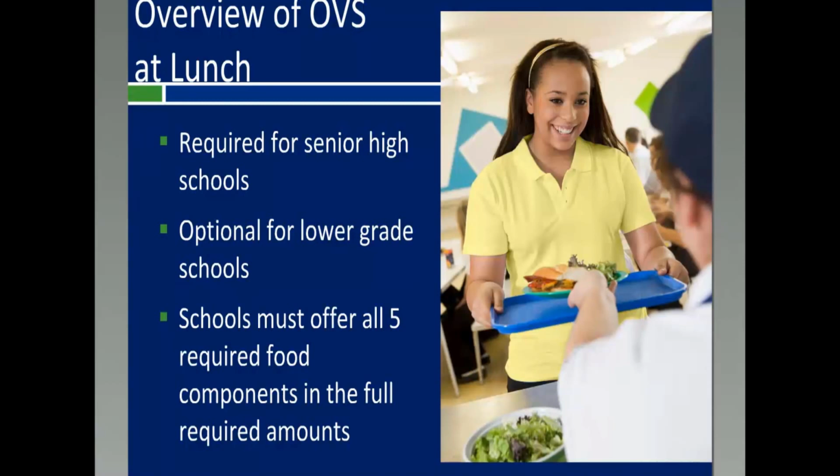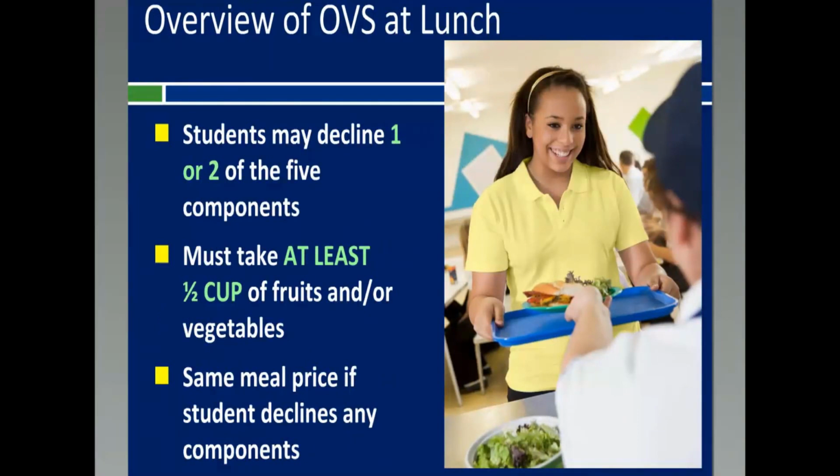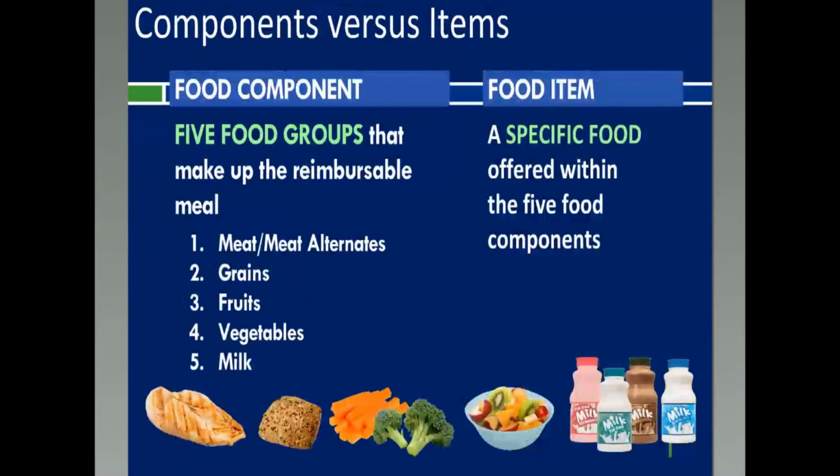The difference with offer versus serve is that students are able to decline 1 or 2 components. They must, though, still take at least 1/2 cup of fruits and or vegetables. The same meal price must be charged if a student declines any of the components.